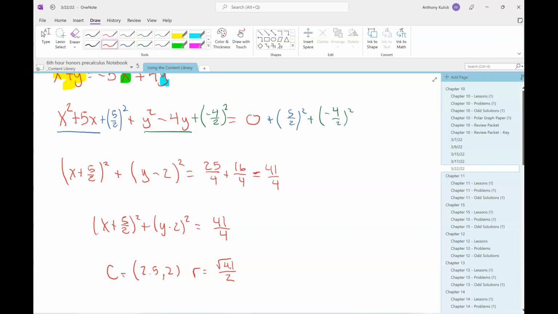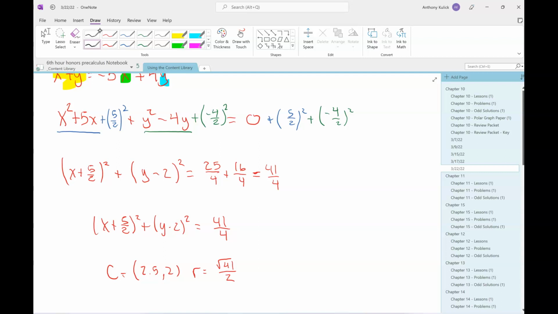So if you actually want the exact equation, it's tough to get that just from looking at the picture on your calculator if the radius is a radical. You know what I mean? Here you're kind of stuck having to complete the square to get that exact value. So far, so good? It's okay?